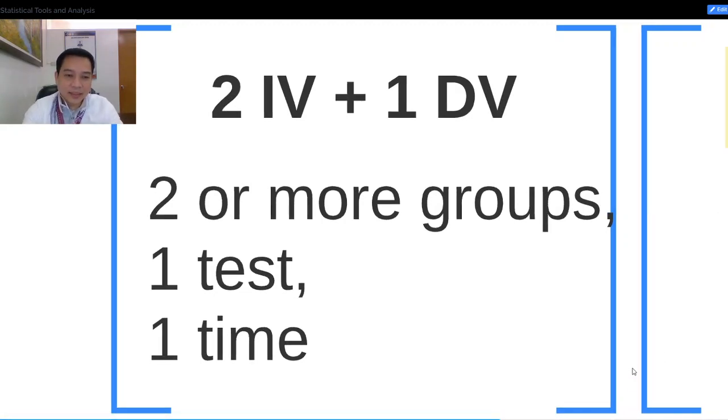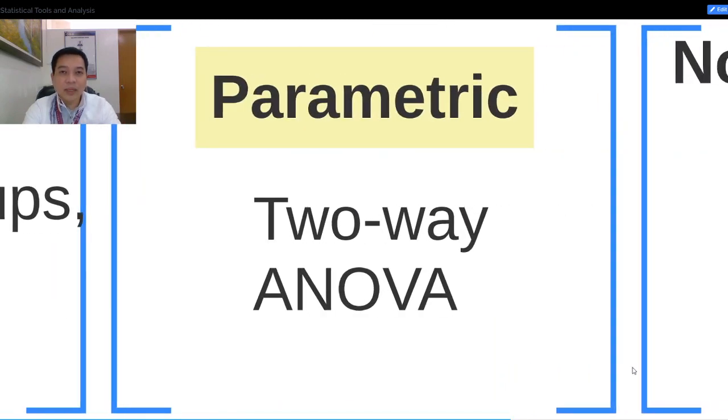So if this is the scenario that you have, or the data that you have analyzed from the research question, and your data or level of measurement is parametric or numerical, then you will be using two-way ANOVA, or the two-factor ANOVA. Why two-way, or why two-factor? You already had two independent groups, but using the same principle as the analysis of variance, that you employ one test.